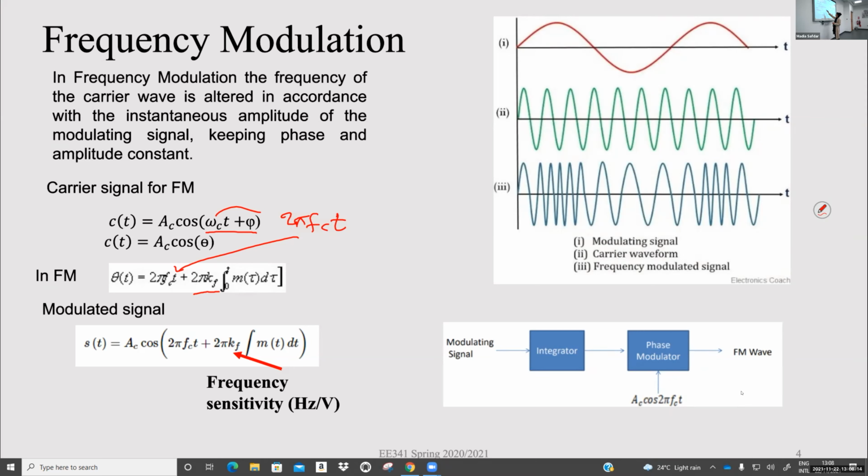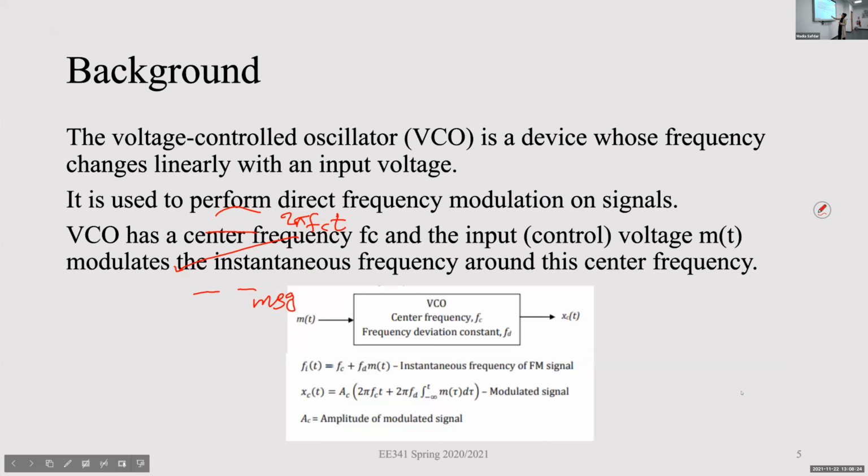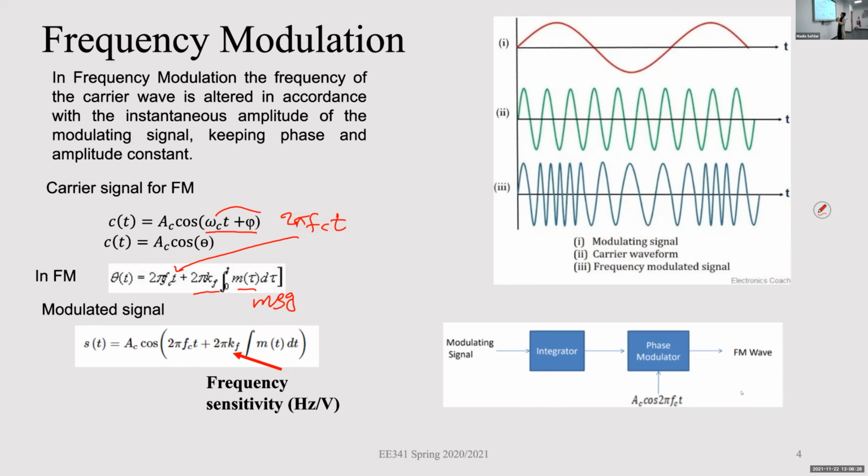We will pass this message signal through a voltage controlled oscillator, which is used in modulation. In the next slide I will show this. I will come back to it, but first I tell you this. This is my message signal integrated over time.